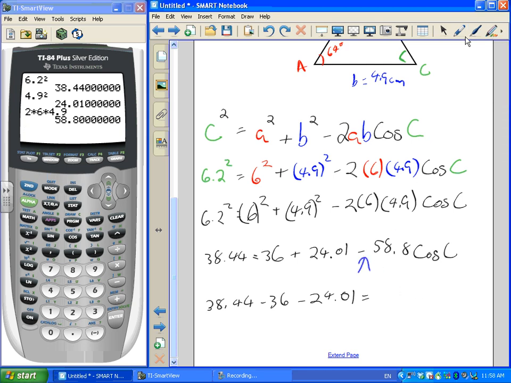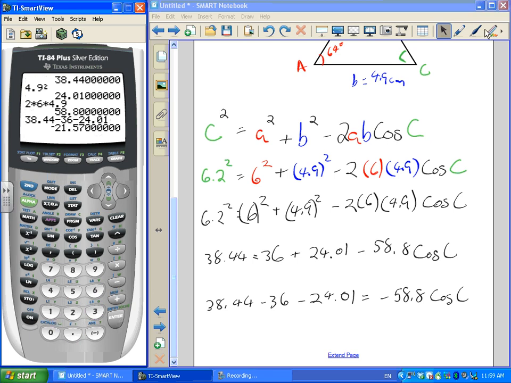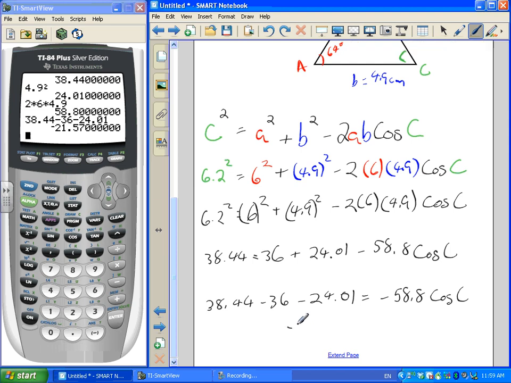So on this side of the equation, I have negative 58.8 cos C. Okay? So I'm going to subtract those numbers. 38.44 subtracted by 36 subtracted by 24.01 equals negative 21.57, which is equal to negative 58.8 cos of C.